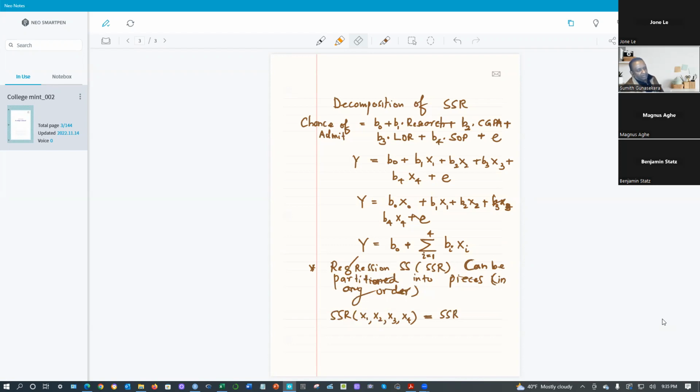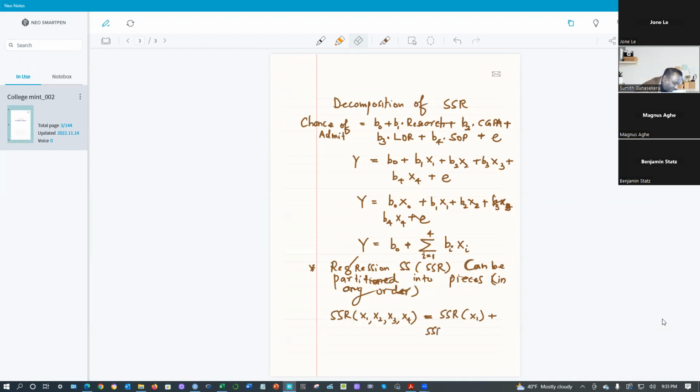If you're gonna fit this regression only with the first variable, let's say the research variable, and you get that SSR, that can be easily added to the other one. I'm gonna keep adding. That's called the decomposition.